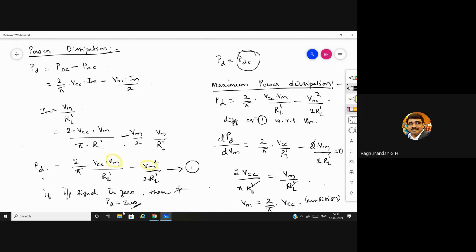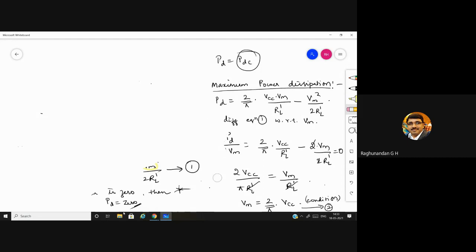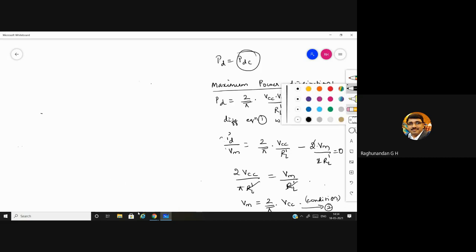We have not finished the maximum power dissipation equation. So take this as equation number 2. Now substitute this value into equation 1 again.